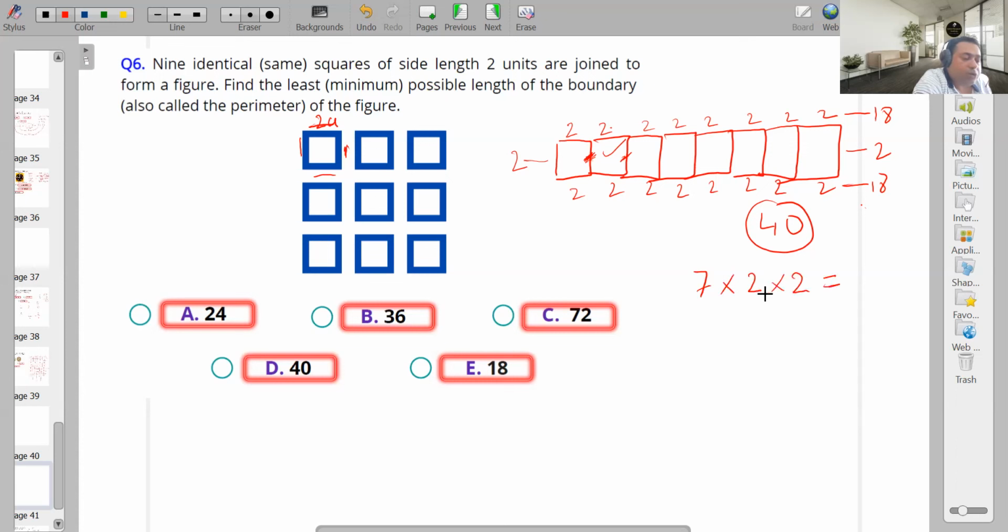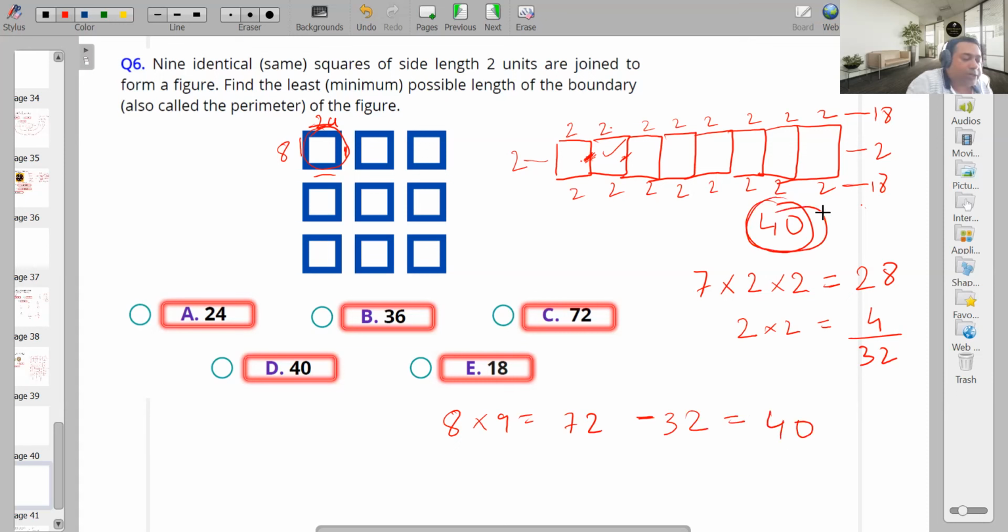So you are losing 14 times 2, which is 28, inside. And then the corner ones are losing one side each, so that's 2 times 2, which is 4. So you're losing 32 overall. Each square has a perimeter of 8, and 8 times 9 is 72. So 72 minus 32, you will get 40. And that's exactly what you got when you calculated it this way.